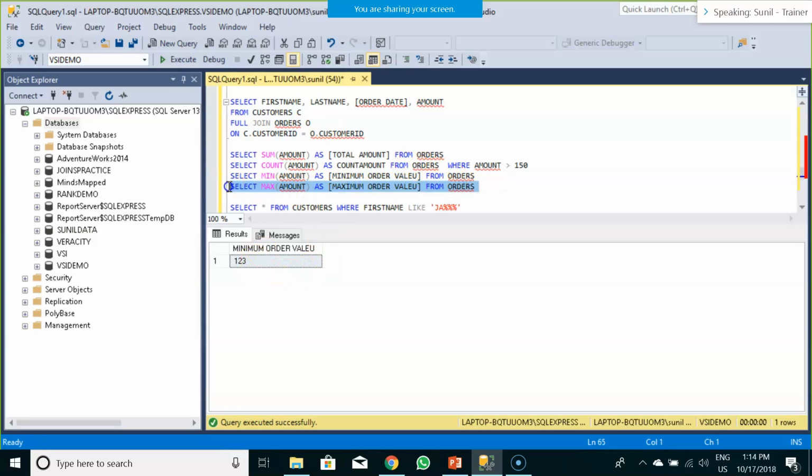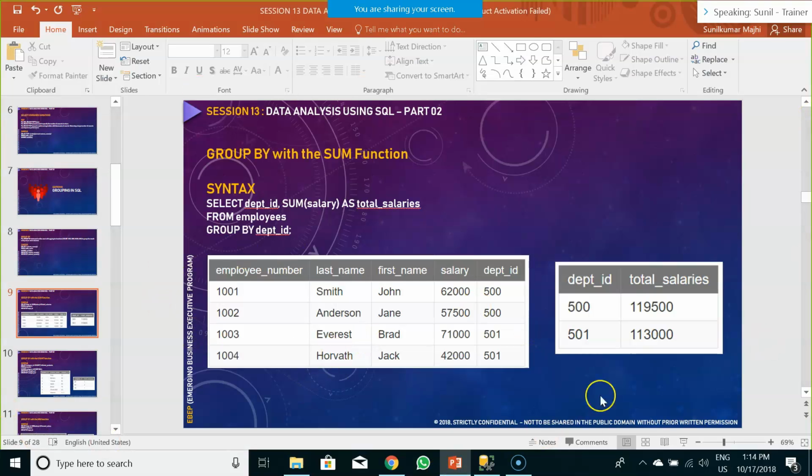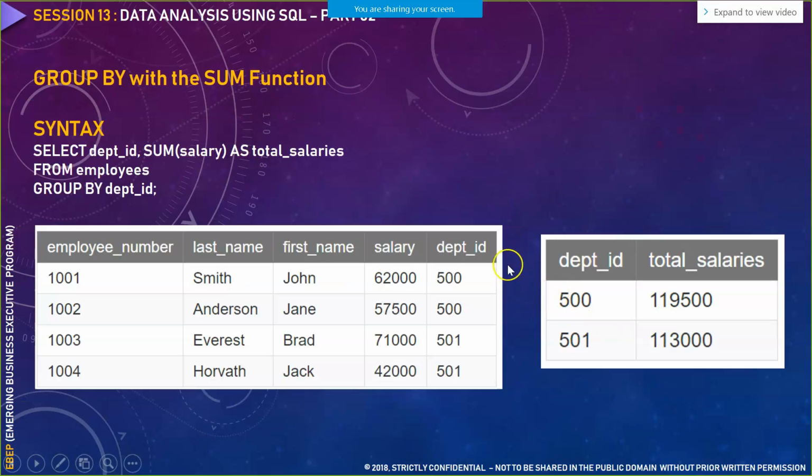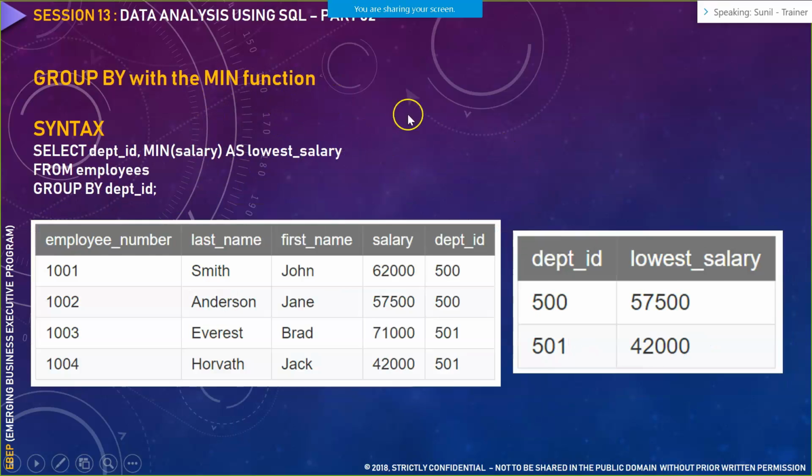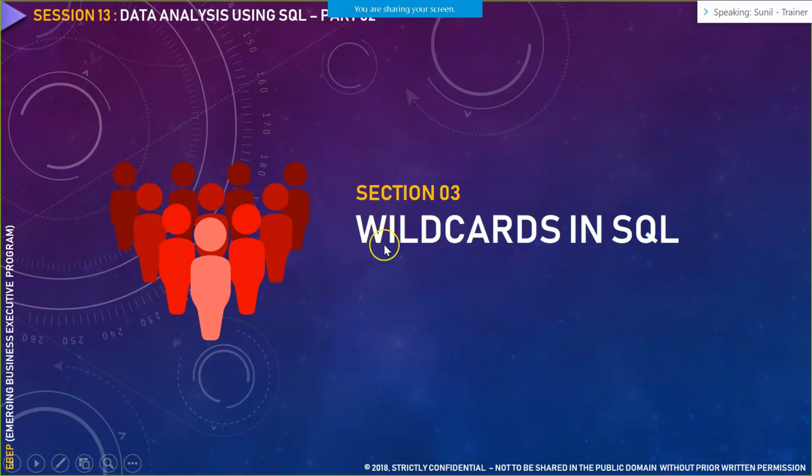Now what about the maximum order value? It is giving me 193. So depending on the situation, depending on your requirement, you can fire these SQL functions as per your needs. So these were some of the functions that you use in SQL: sum function, count function, minimum function, maximum function, and so on.